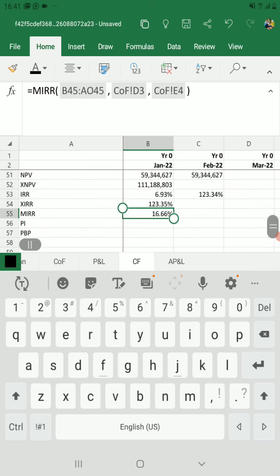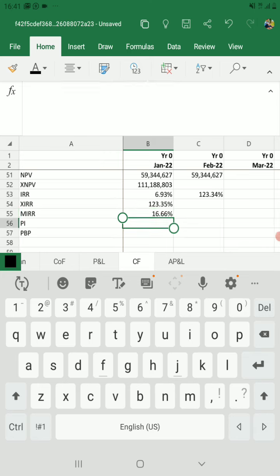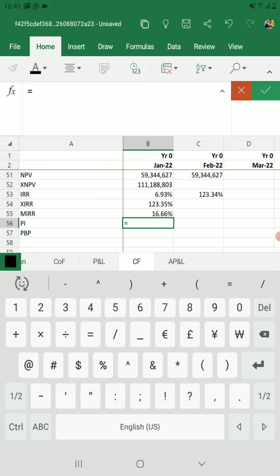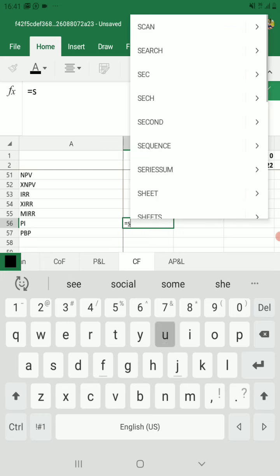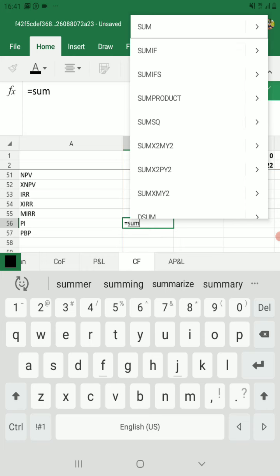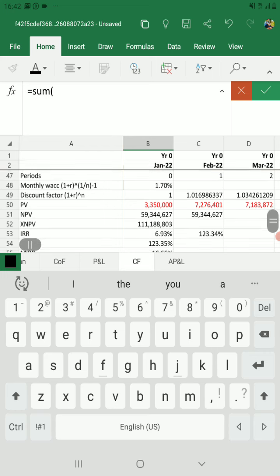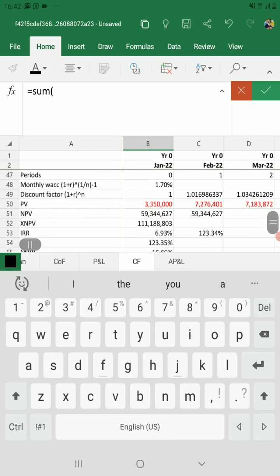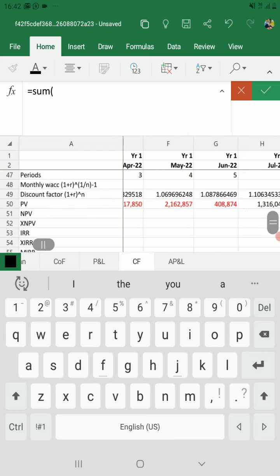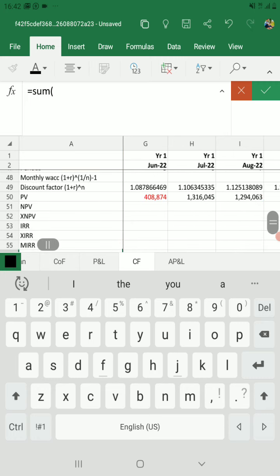Profitability Index. Profitability Index we are going to take, so start with equal sign. We are going to sum all positive cash flow. I type sum, open the bracket, and then present value positive cash flow, start from here July.